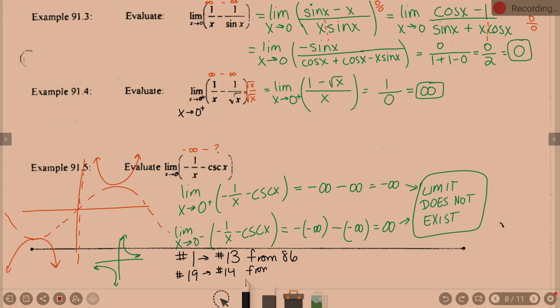And then I have 2 from 87. 15 and 16 become 3 and 4 from 87. Does that make sense? So 1 becomes 13 from 86. 19 becomes 14 from 86. 15 and 16 become 3 and 4 from 87.